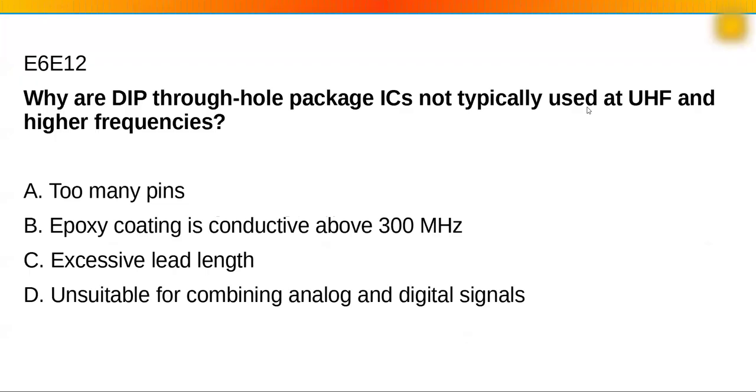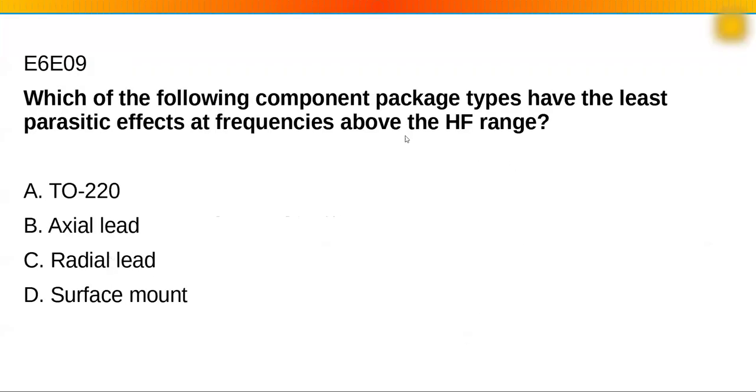Why are dip through-hole package ICs not typically used at UHF and higher? Charlie. Which of the following component package types have the least parasitic effects at frequencies above the HF range? David.